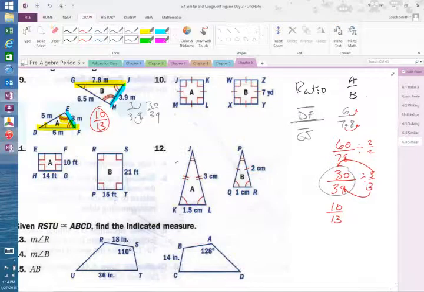Now let's look at number 10. What is the ratio for number 10? What are the actual numbers? Right, because it's the same square.